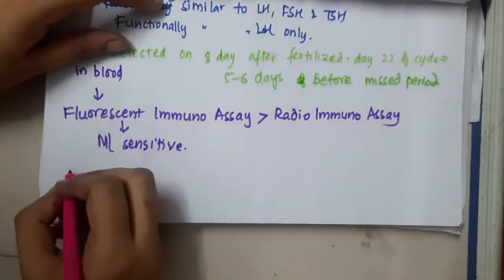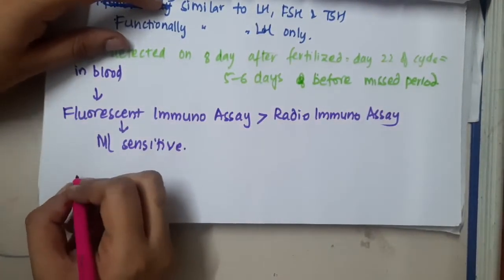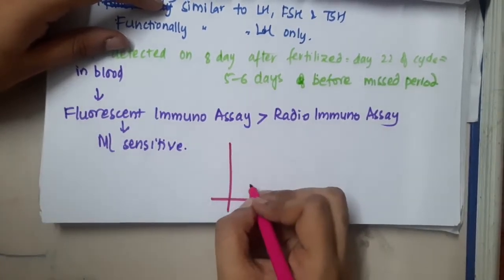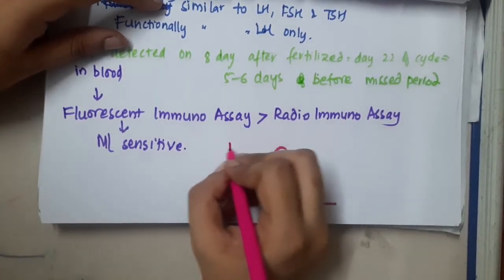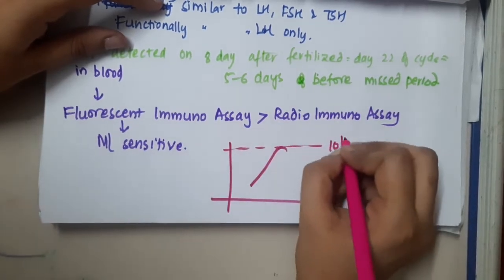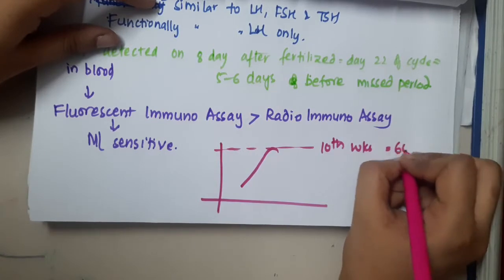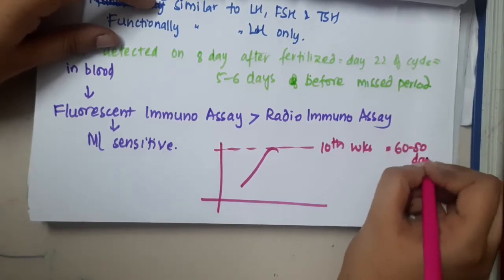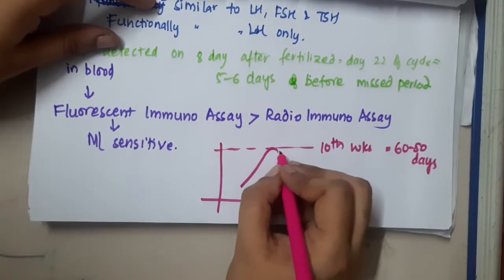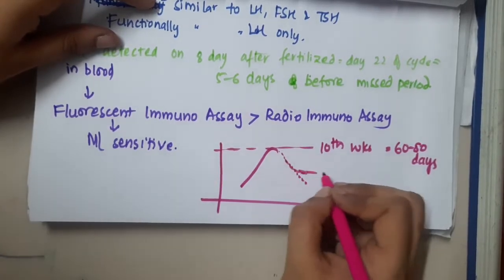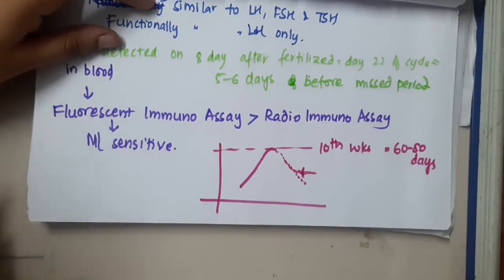If you see the levels, beta HCG will start to increase, and the maximum level of beta HCG is seen at the 10th week of pregnancy, that is equal to 60 to 80 days, and then it decreases to a minimum at the 16th week.